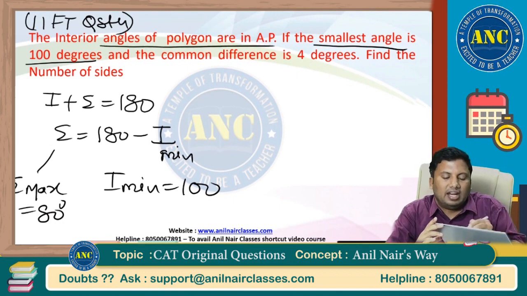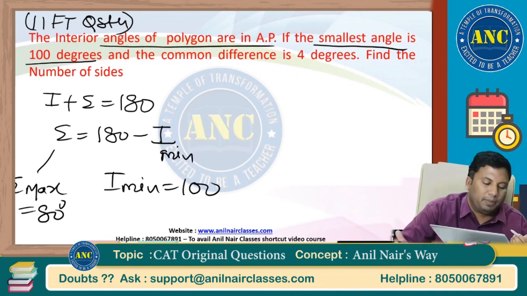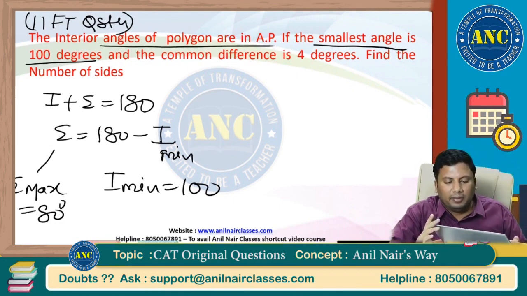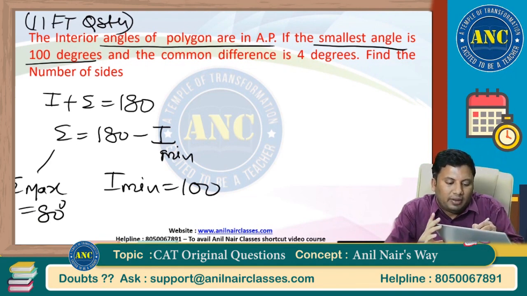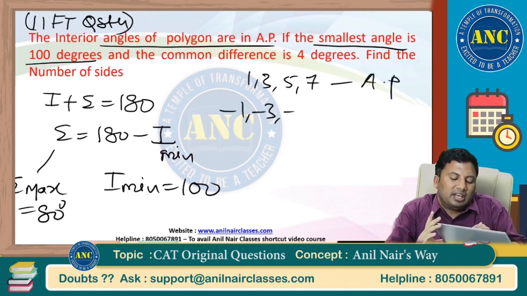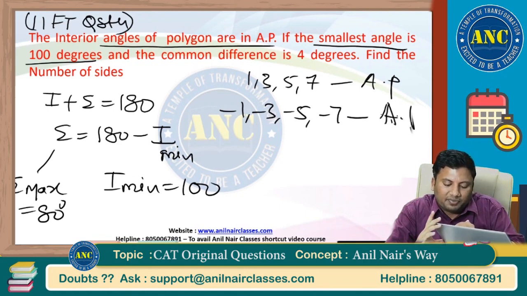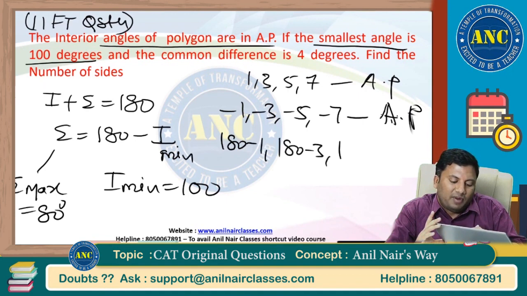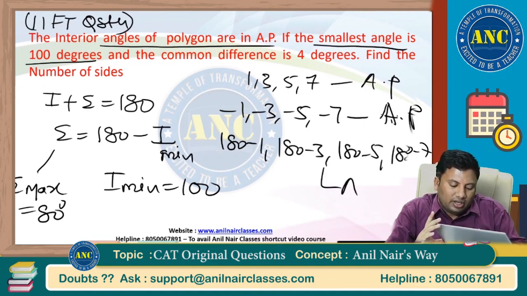The angles are in AP. If the interior is in AP, exterior also will be in AP. Why? Because 1, 3, 5, 7 is in AP. Minus 1, minus 3, minus 5, minus 7 is also in AP. 180 minus 1, 180 minus 3, 180 minus 5, 180 minus 7 is also in AP.